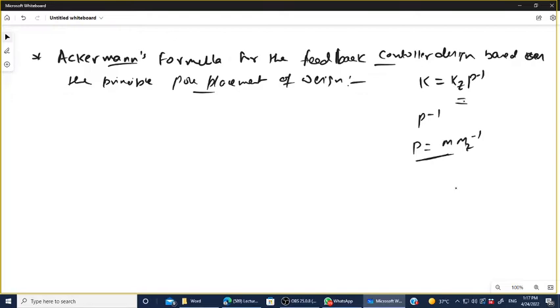To avoid such complexity, we now use the Ackermann formula.